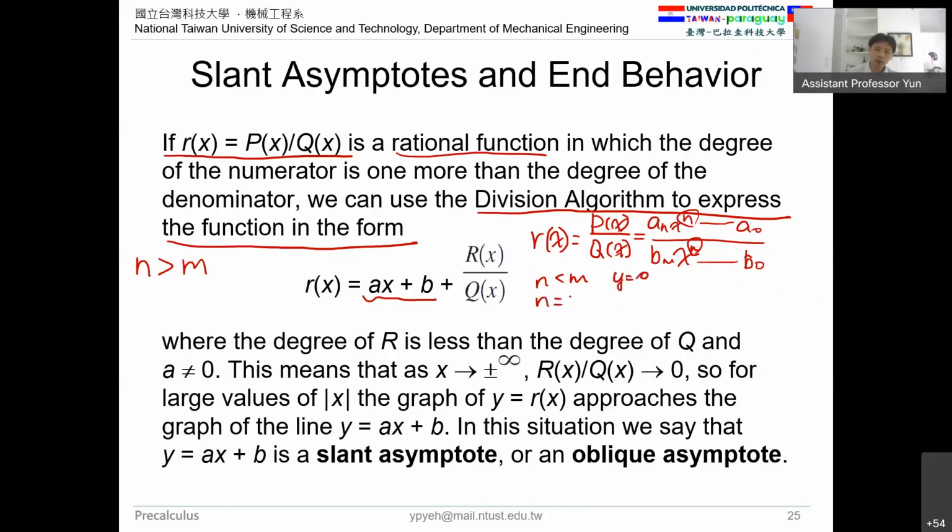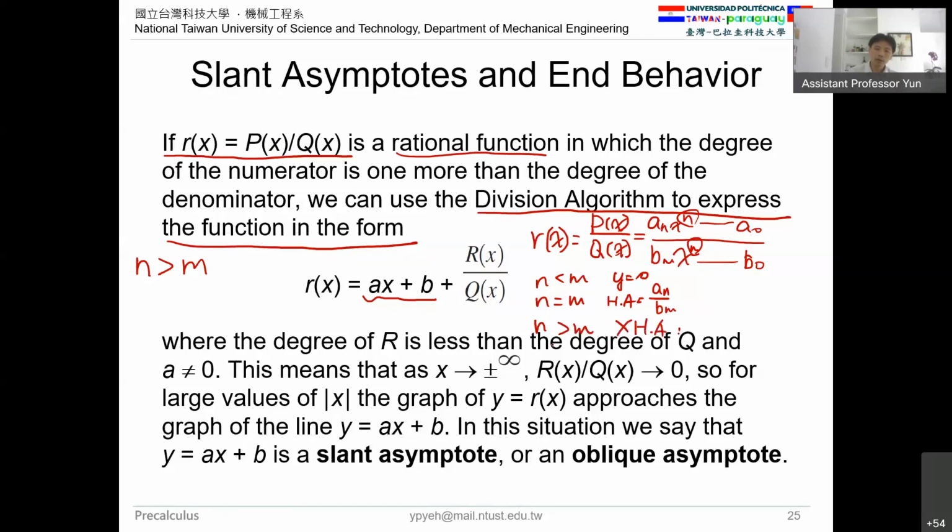When n equals m, the horizontal asymptote equals a_n divided by b_n. When n is larger than m, where the degree of the numerator is larger than the degree of the denominator, there is no horizontal asymptote.